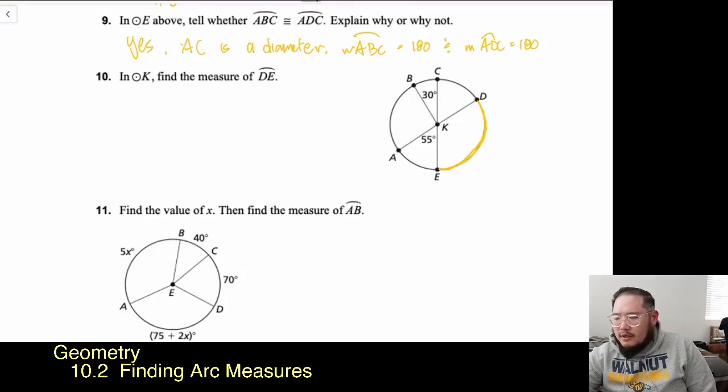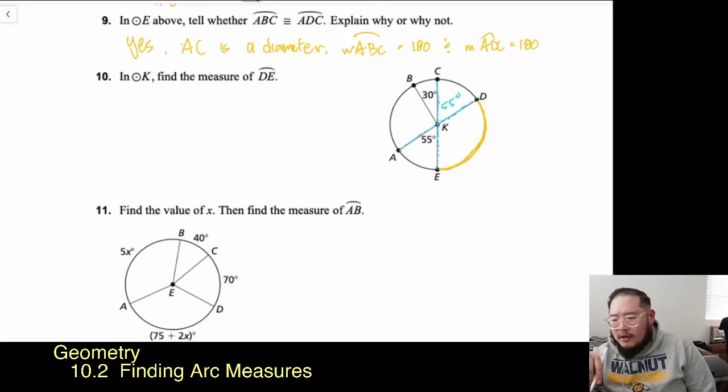Let's see if you know what first. Take a look at what I'm already highlighting in blue. That tells me what angle CKD happens to be because those are vertical angles, guys. So measure of angle CKD is 55 because it's vertical to angle AKE.